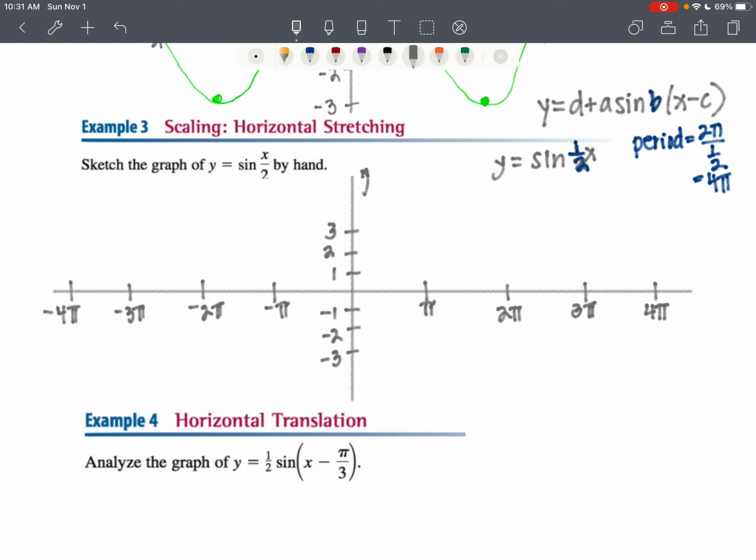So let me just draw for you real quick in gray our parent function. Our parent function for sine starts at the midline. 2 pi later, it ends at the midline. Halfway between, it's at the midline. Halfway between the two midlines, it's at the max. Halfway between the two midlines, it's at a min. I'm just going to do a dashed line so that you can see where we're going to end up having.